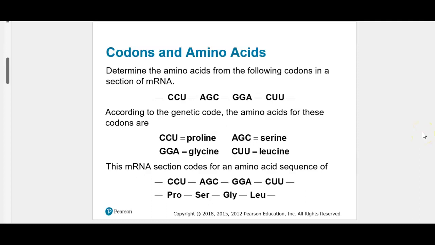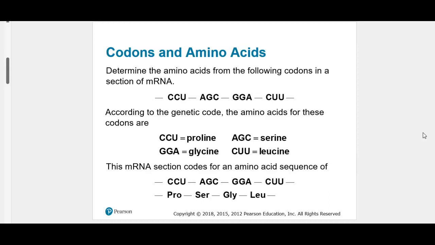And we'd like you to be able to determine amino acids from the codons, and it's really pretty simple. Given a sequence of nucleotides in a messenger RNA, they will tell you if it's a codon or an anticodon.